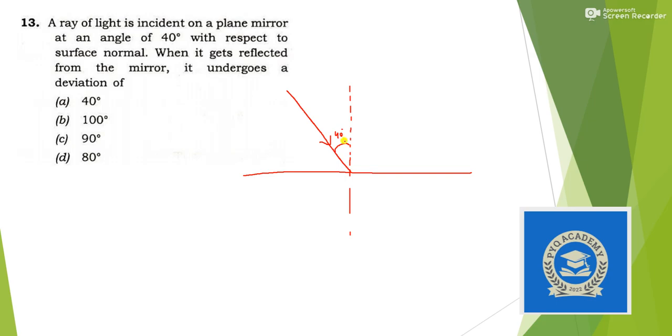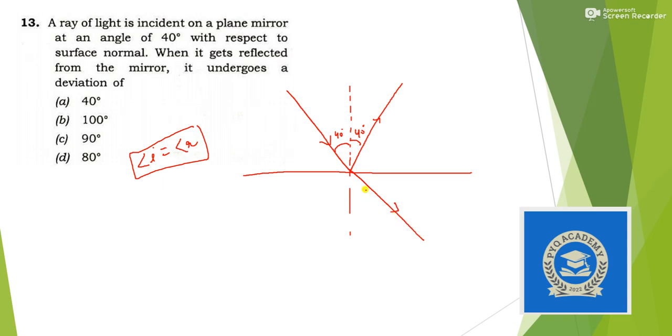So we know that by the law of reflection, angle of incidence, angle i, is equal to angle of reflection. That means it will reflect with the same angle making with the normal, so it will be 40 degree. But the question is asking the angle of deviation. Now suppose there was no plane mirror, then it would have gone straight.